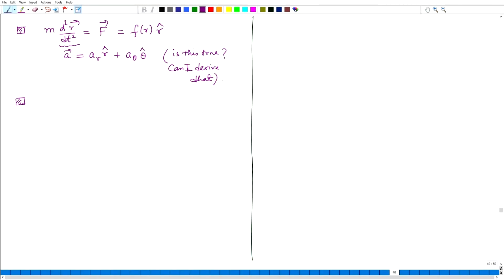So, what I will do is first try to find the nature of the position vector, the velocity vector and the acceleration vector in spherical polar coordinates, or actually for our case a plane polar coordinate system.